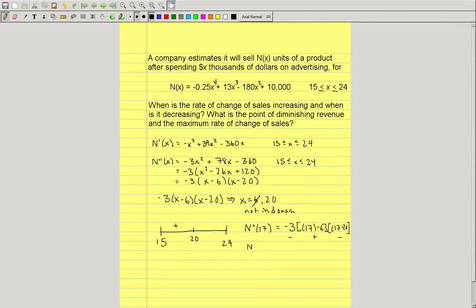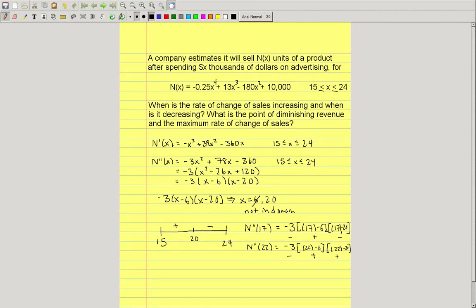Next up, we select a value between 20 and 24. We'll pick 22, and plug that into our function. The most important thing here, of course, is to just check to see if our value is positive or negative, so we don't have to calculate the exact number. We have a negative term here, a positive term here, and a positive term here, which tells us that the second derivative is negative in this region.